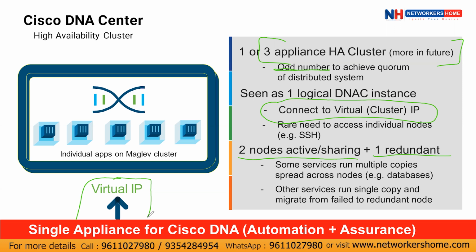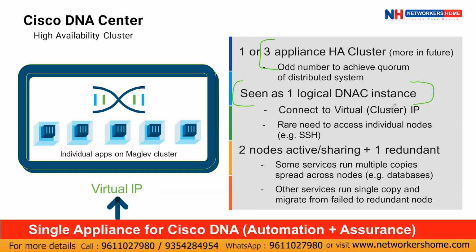So it is internal communication between 3 DNA Centers. One you can deploy just for a POC or a small lab setup at your organization. But for actual implementation in an enterprise, the recommendation is three appliances forming an HA cluster of DNA Center, seen as one logical instance and connected to a virtual IP.